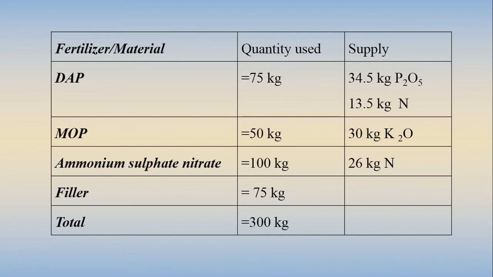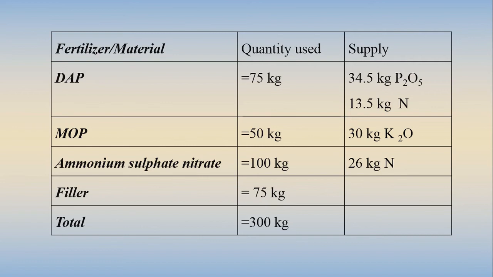First one is DAP. 75 kg of DAP can supply 34.5 kg of P2O5 and 13.5 kg of nitrogen. And 50 kg of MOP can supply 30 kg of K2O. And 100 kg of ammonium sulfate nitrate can supply 26 kg of nitrogen.